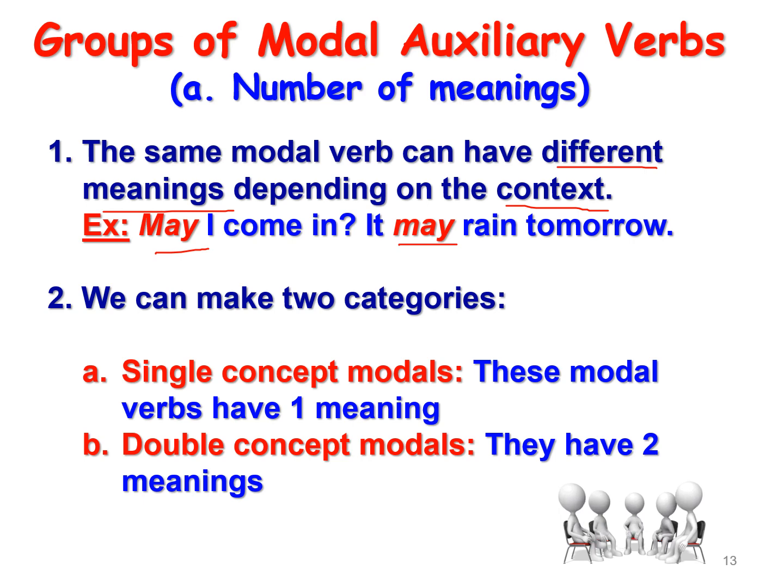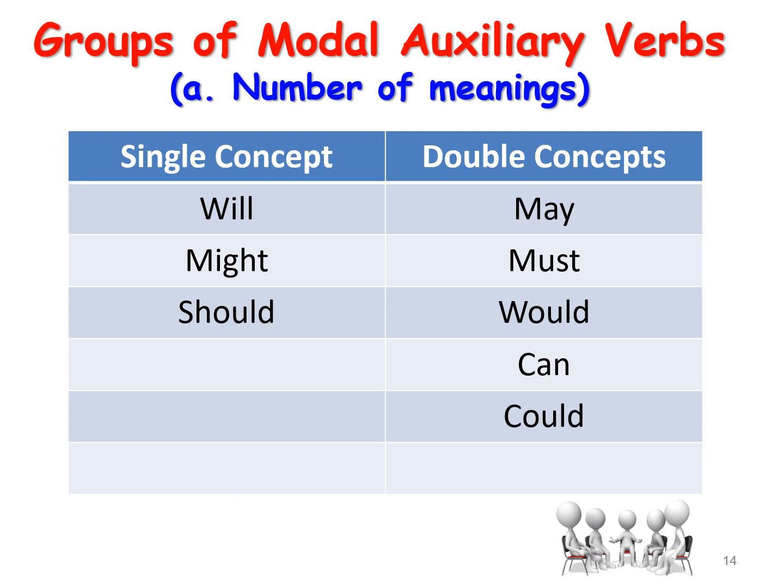So in here, just go and see it briefly. Later on you can compare the differences between this slide and your textbook, right? I hope that it may show you a different way to learn about modal auxiliary verbs. On this side, all of these verbs have only a single concept, like will, might, or should.